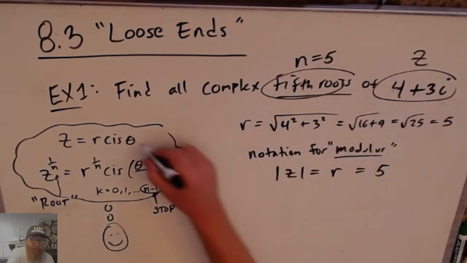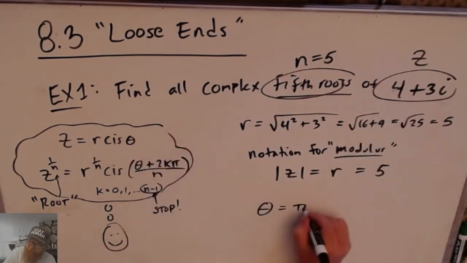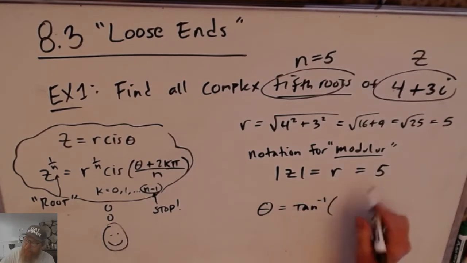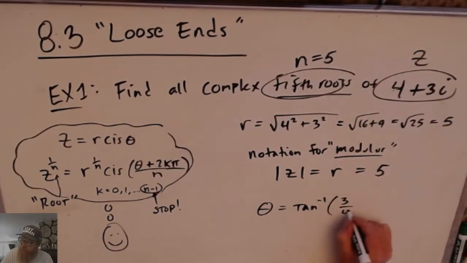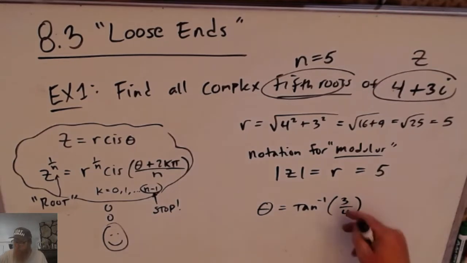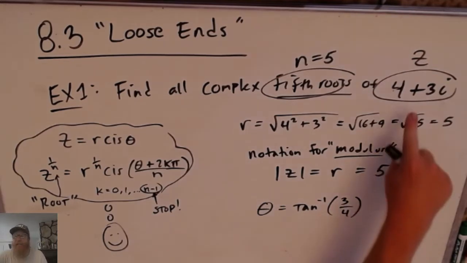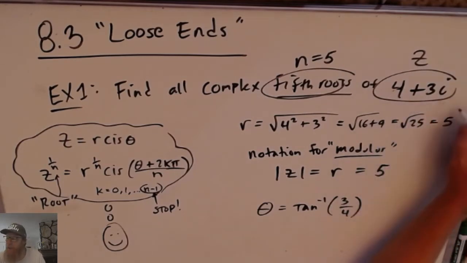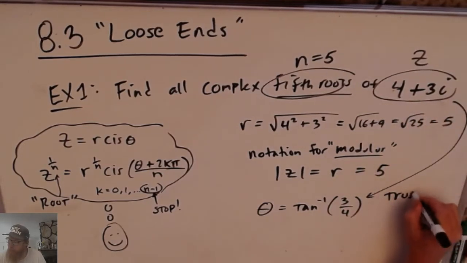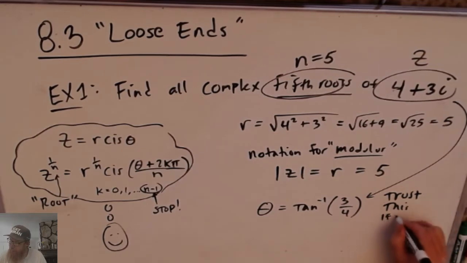Now you've got to find the theta. So theta is tan inverse of b over a, so 3/4. Make sure you put that ratio in the right order. You can trust this if it's in quadrant 1.